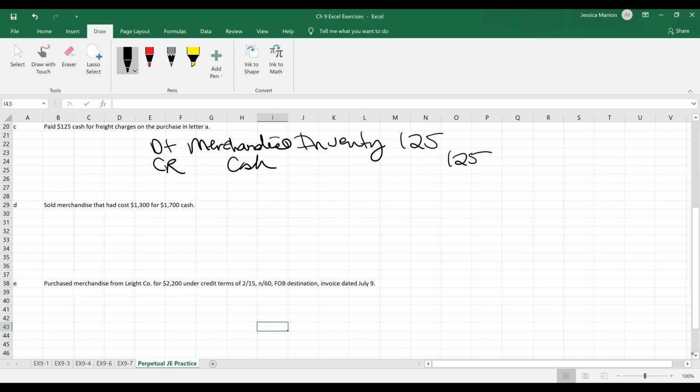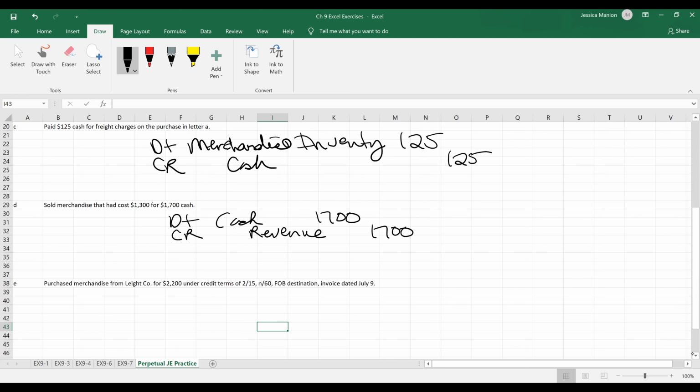All right, letter D, sold merchandise that had a cost of $1,300 for $1,700 cash. So again, we've got two journal entries here. We've got to record the sale of $1,700 cash, and we've got to record the cost of goods sold, $1,300. So debit cash, 1,700. Credit sales revenue, 1,700.